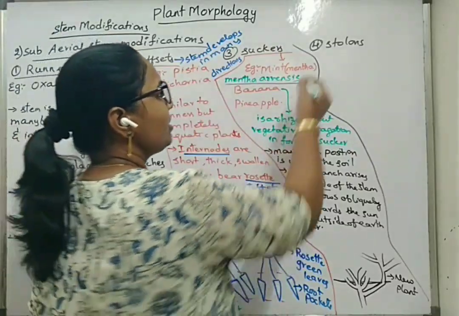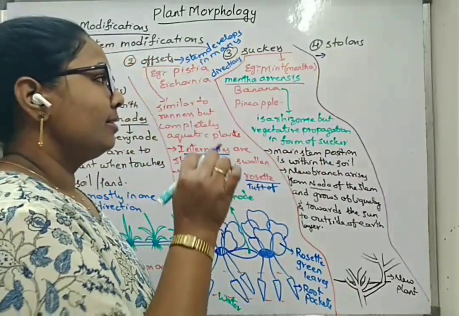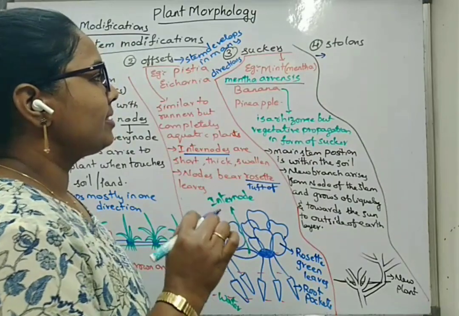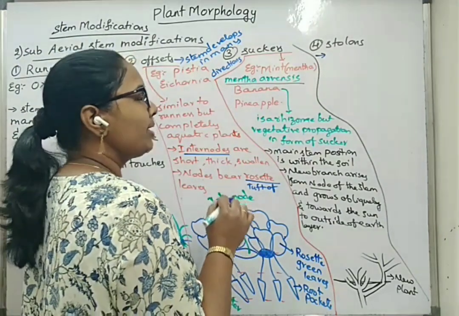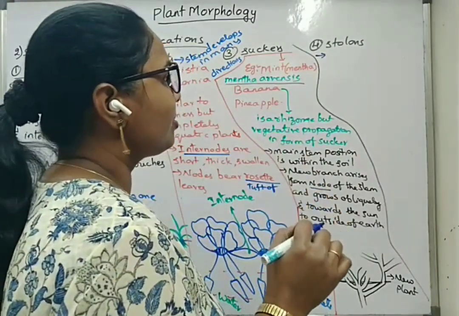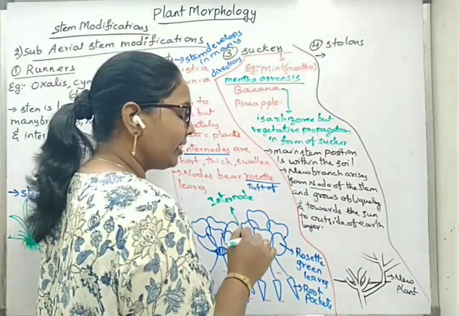In case of stolons, the main stem is giving rise to new branches that grow on the earth layers, but when they are bent and touching the soil, they are converted into new plants.